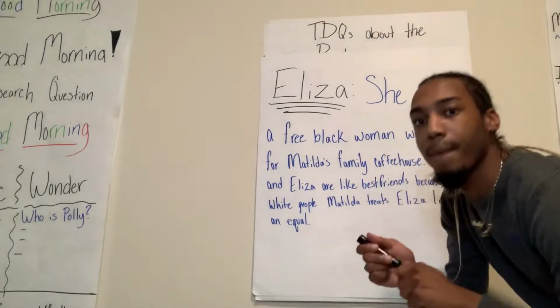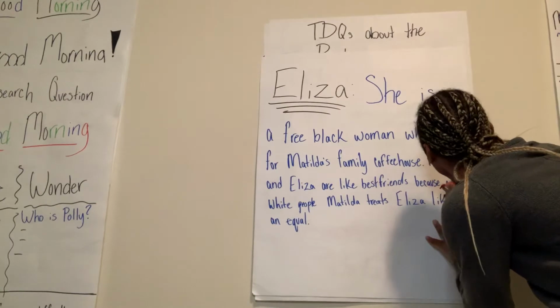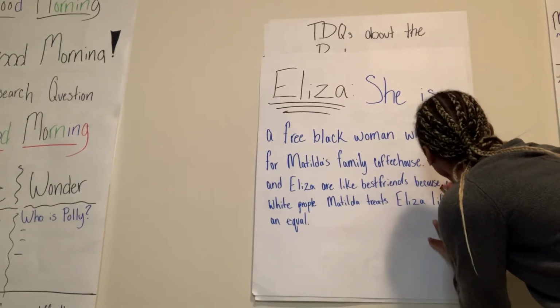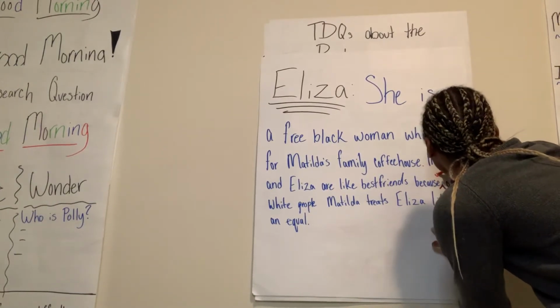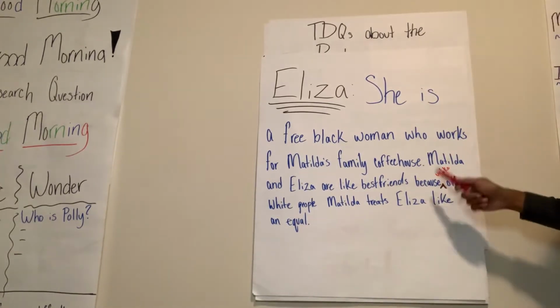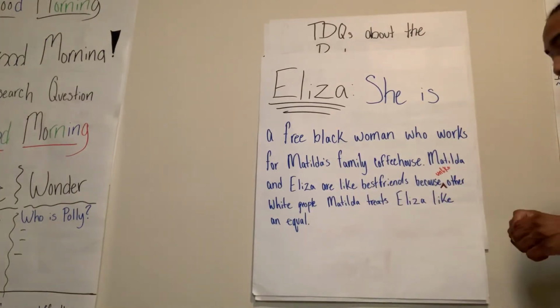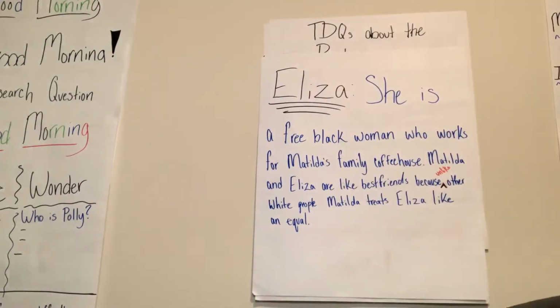We got a black one. No, it should be red. It's the opposite. I forgot a word, you guys. Because unlike other white people, Matilda treats Elisa like an equal. Now, because I messed up, I'm going to read that back to y'all. My apologies.